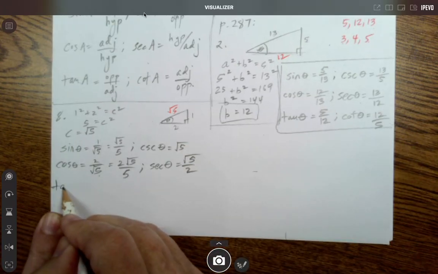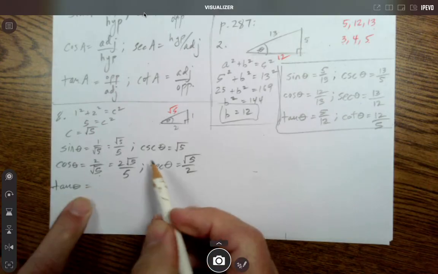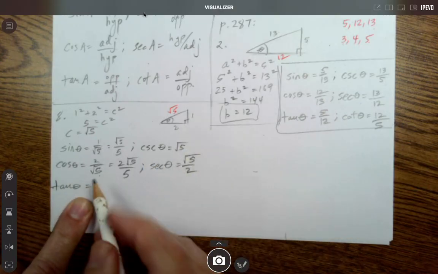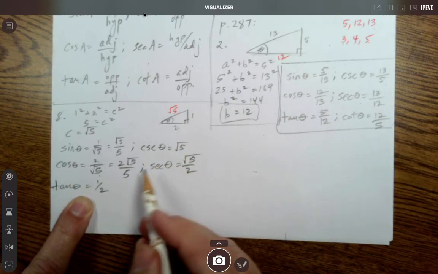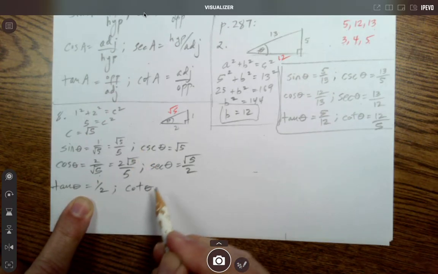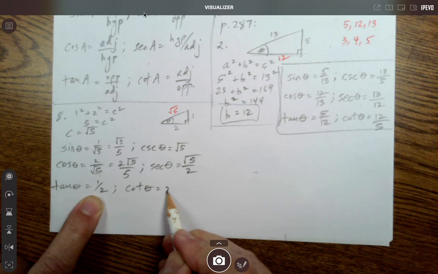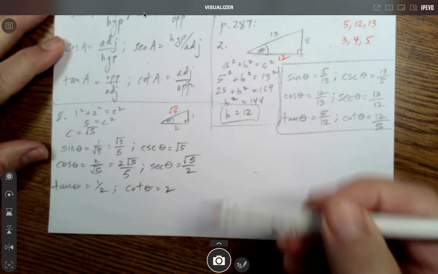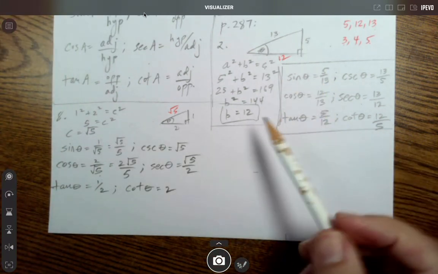Tangent of theta is 1 over 2. And then the cotangent of theta is 2 over 1, so 2. And we're done with that smaller one.